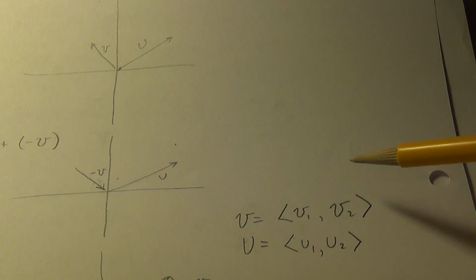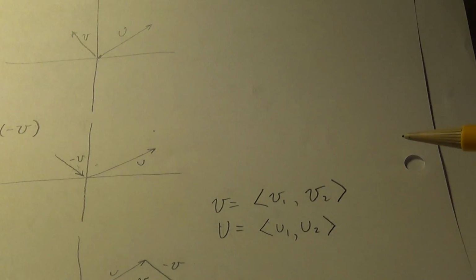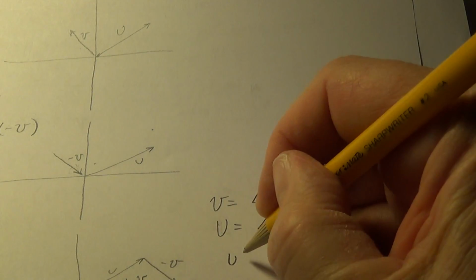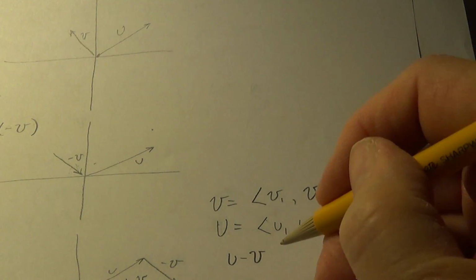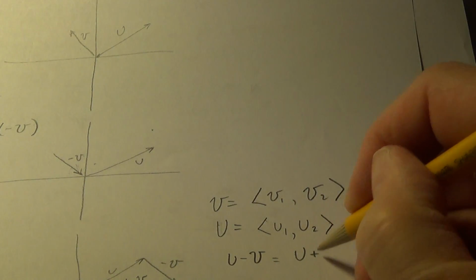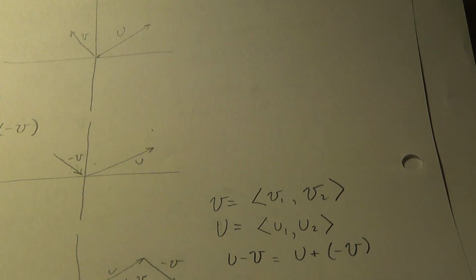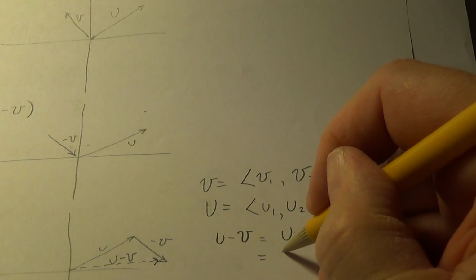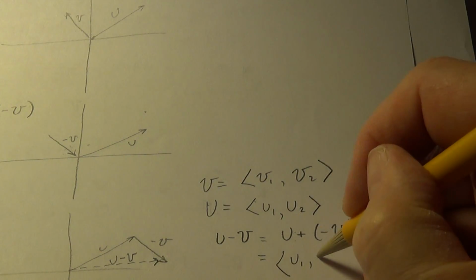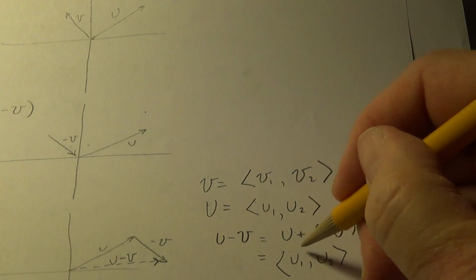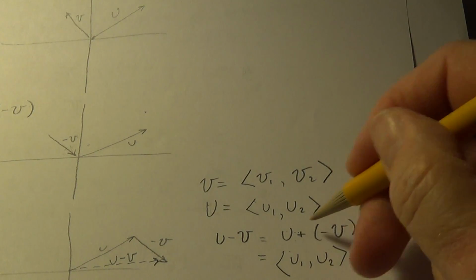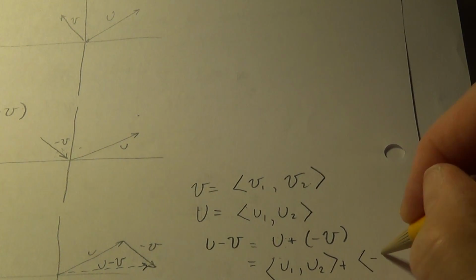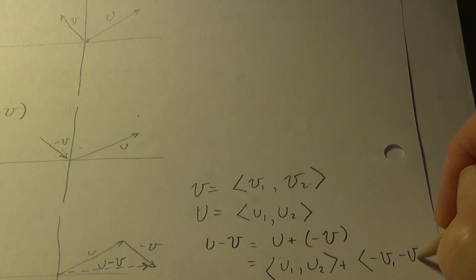And if I want to do it mathematically with no picture or vectors to draw on a graph, I will do u minus v like this. I'll think of this as u plus a minus v. So I just wrote the u vector in component form, u1, u2, plus, and now the negative of vector v, which we discussed previously, is minus v1, minus v2.